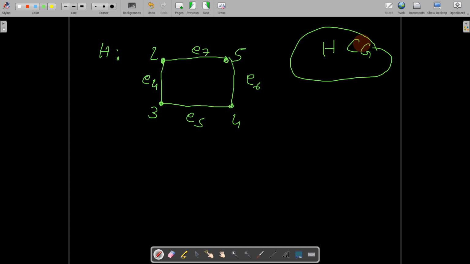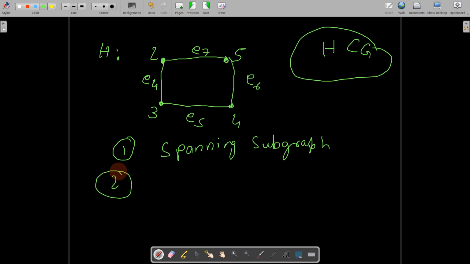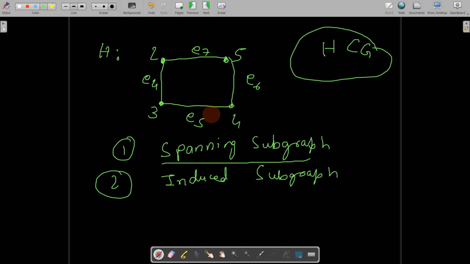Okay, so there are two kinds of subgraphs: one is a spanning subgraph, and another one is an induced subgraph. So let us see spanning subgraphs first.